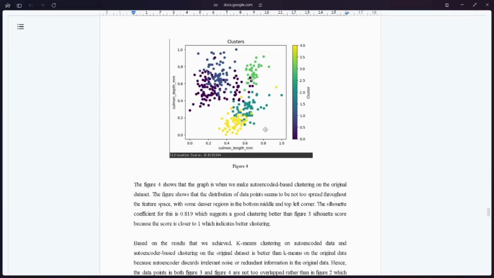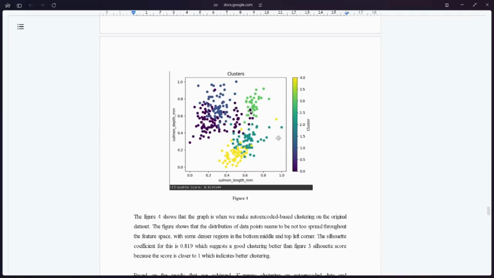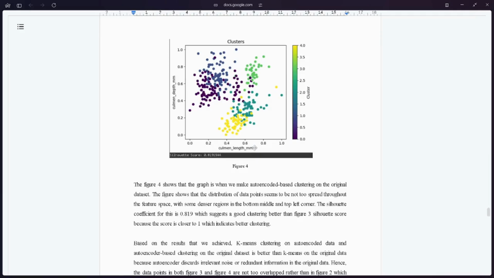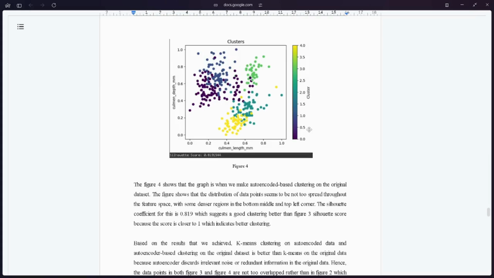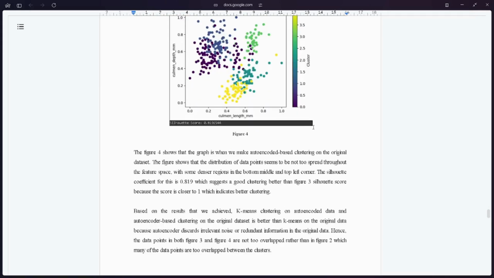So based on this, we know that k-means clustering on auto-encoded data is much better than k-means clustering on the original data, because what an autoencoder does is discard the irrelevant noise or redundant information in the original data.